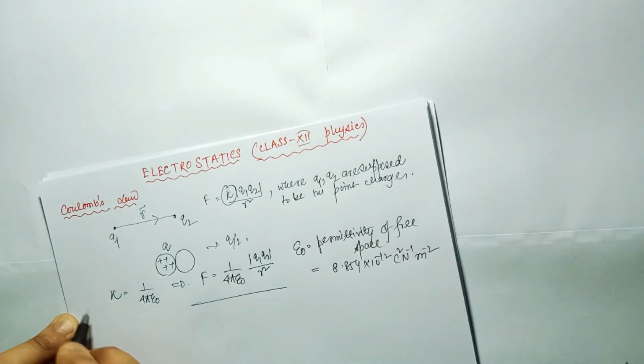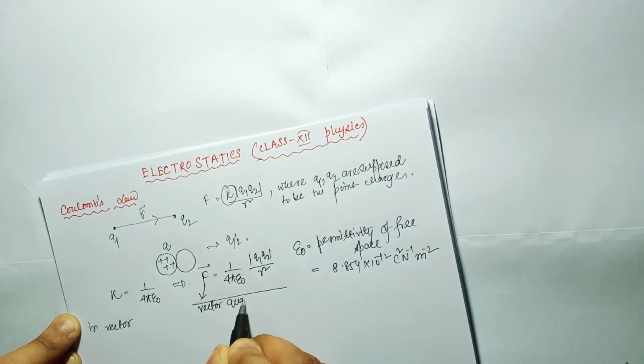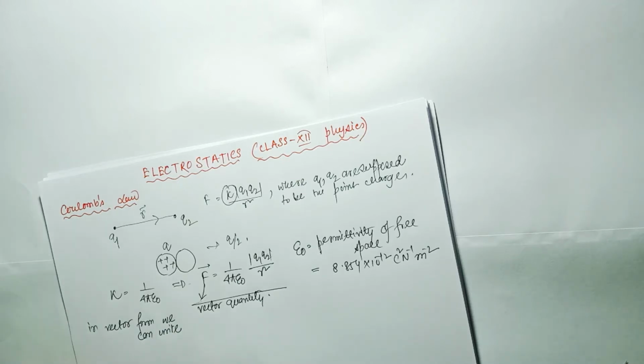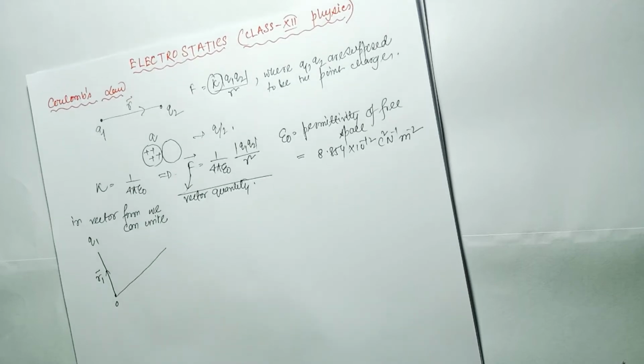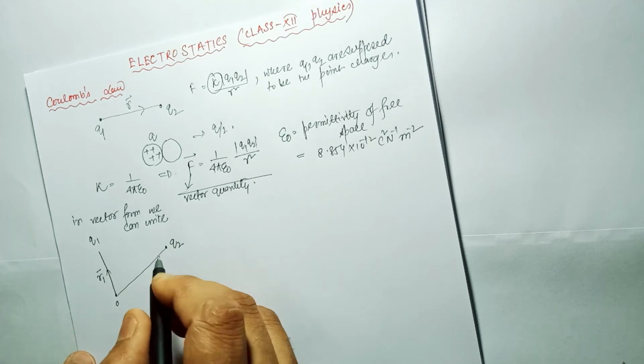So in vector form we can also write, because we know the force is a vector quantity. In the vector form we can write with a diagram like this: this is the origin O. With respect to the origin, suppose the q1 charge has the position vector r1 and the q2 charge has the position vector r2.